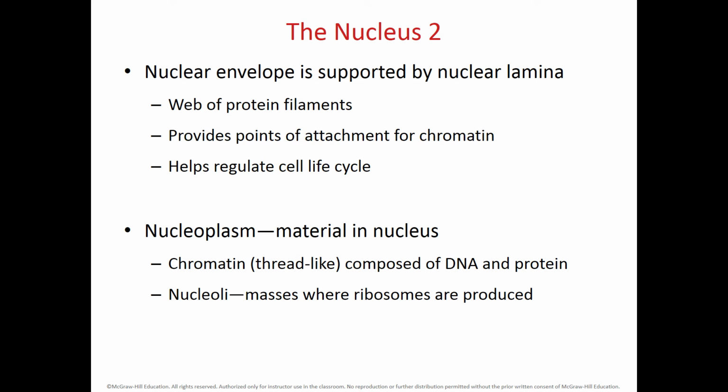Now, the cytoplasm of the nucleus is known as nucleoplasm. And within this nucleoplasm, you have the chromatin or the DNA, and you have proteins. And also you have a small organelle that is called the nucleoli, which is the place where you make the ribosomes.